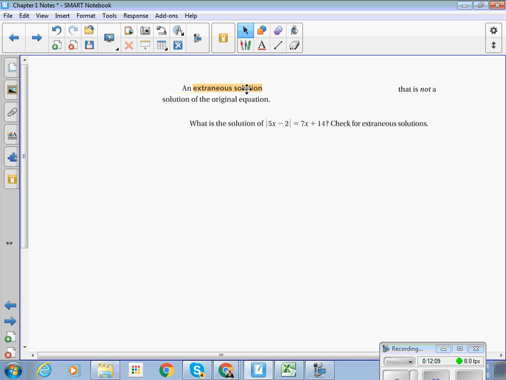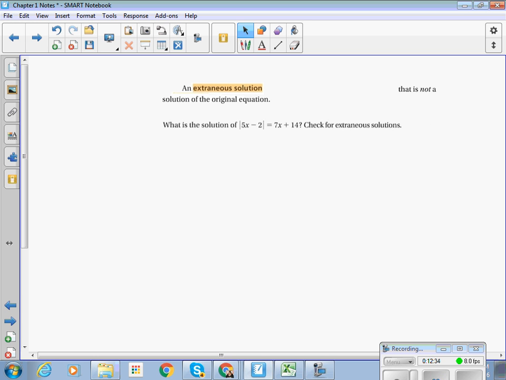So somewhere, you guys can put that in your own words. So an extraneous solution is not a solution of the original equation, but it's a number, an answer that your equation spits out at you. So let's see how that applies to this equation right here.